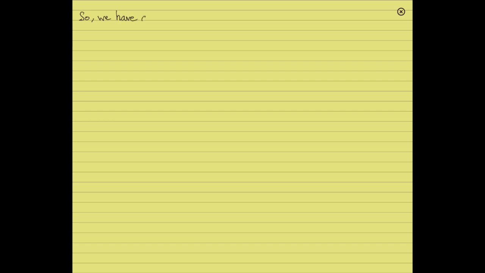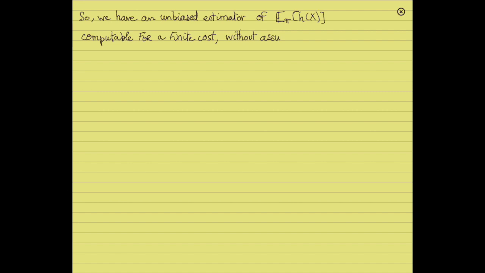So, at least under some assumptions, we have the capacity to obtain an unbiased estimator of expectations with respect to pi from coupled chains that are both started from pi 0. The estimator is computable for a finite cost if the meeting time is finite, and we don't need to make any assumptions on the initial distribution pi 0.